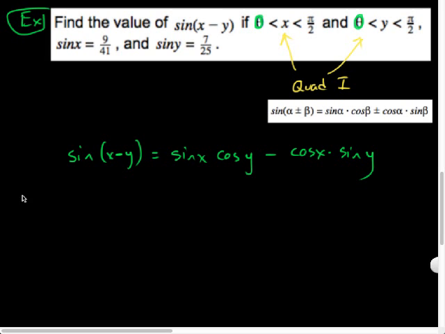Now notice, I know sine x and I know sine y. What do I need to know in order to finish calculating this? I need to get real cozy with this problem and figure out what these other values are. So how could I find cos y with the information I already know?